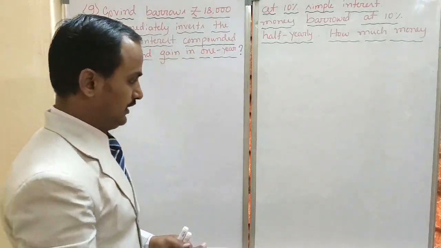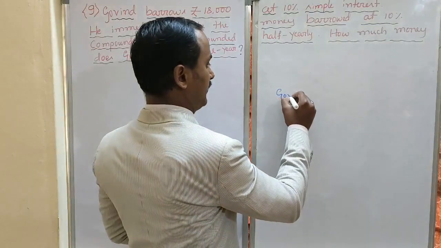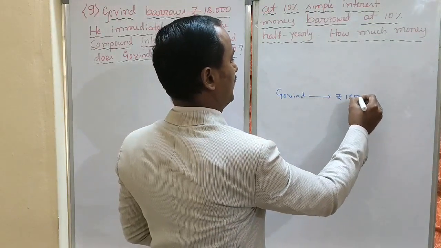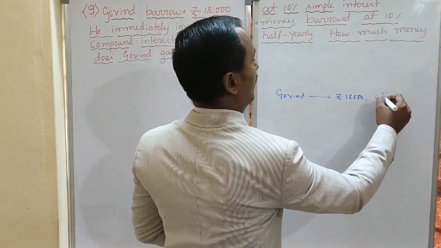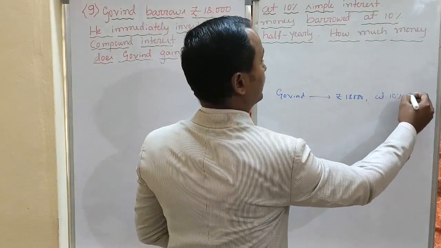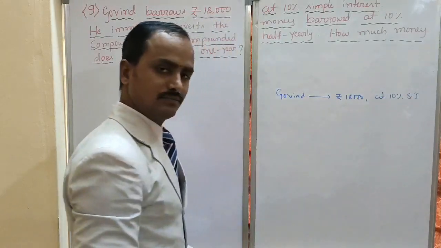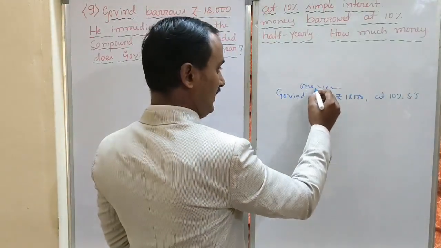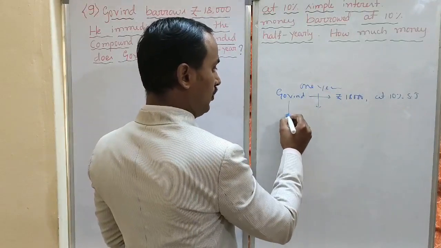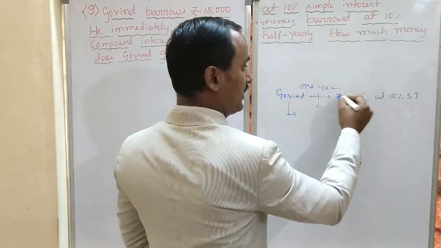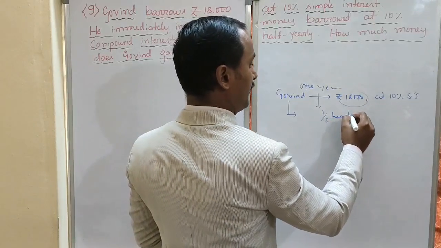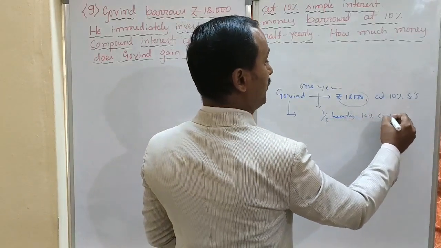Dear children, I told already, Govind collects the rupees 18,000 at rate of interest 10% simple interest for 1 year. In the same 1 year, again Govind invested the 18,000 at half yearly 10% compound interest.